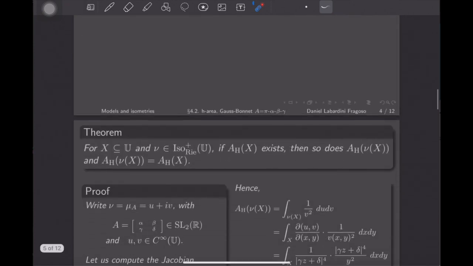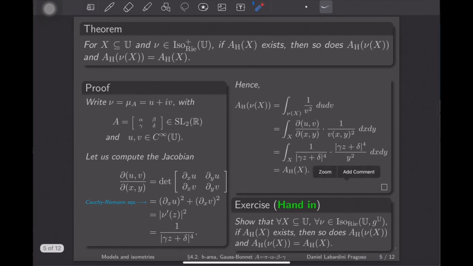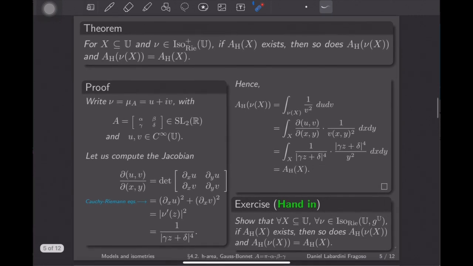Which I think of as some change of coordinates, as when we were taking calculus, when we took, let's say, spherical coordinates, and then we computed the volume in terms of spherical coordinates, for instance. So something similar.